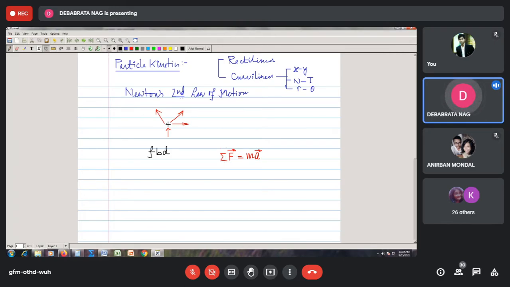This is, in words if you try to express, the vector sum of all external forces.